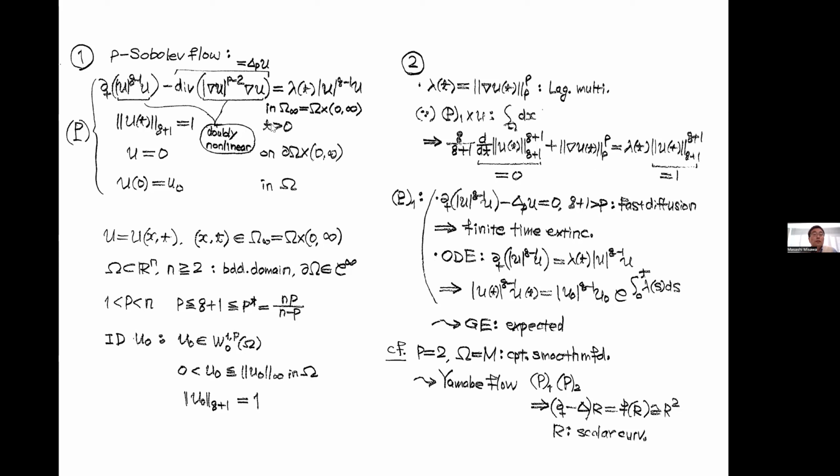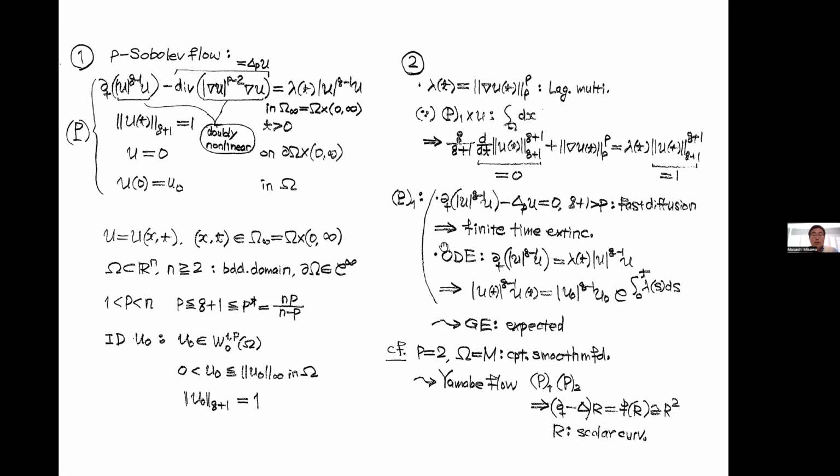Here we use the constraint in the second line, that is, the q plus 1 power integral is equal to 1 for all time t. Then this term is equal to 0, and this term is 1. Just we get lambda t is equal to the p power integral of the gradient of u. So we can regard this function lambda t as a Lagrange multiplier for our equation under this volume constraint in the second line.